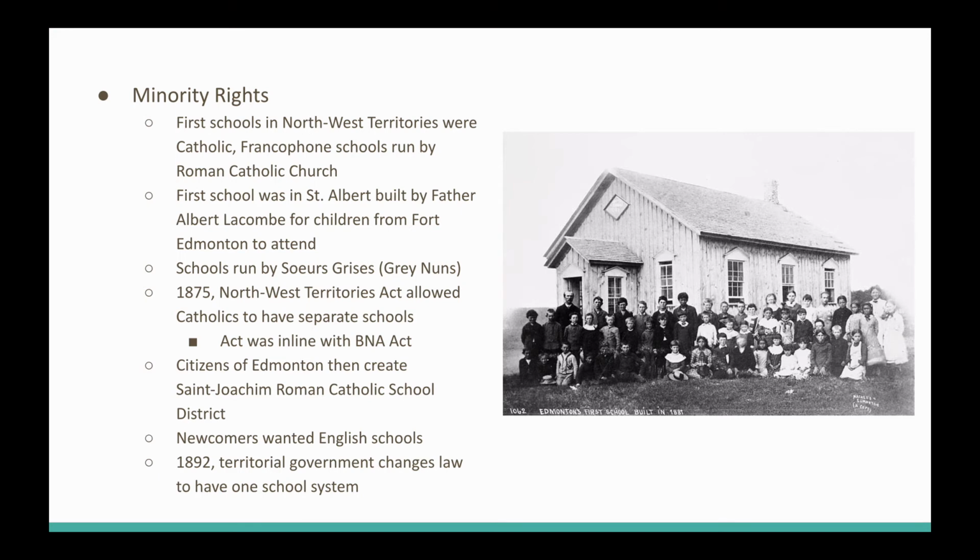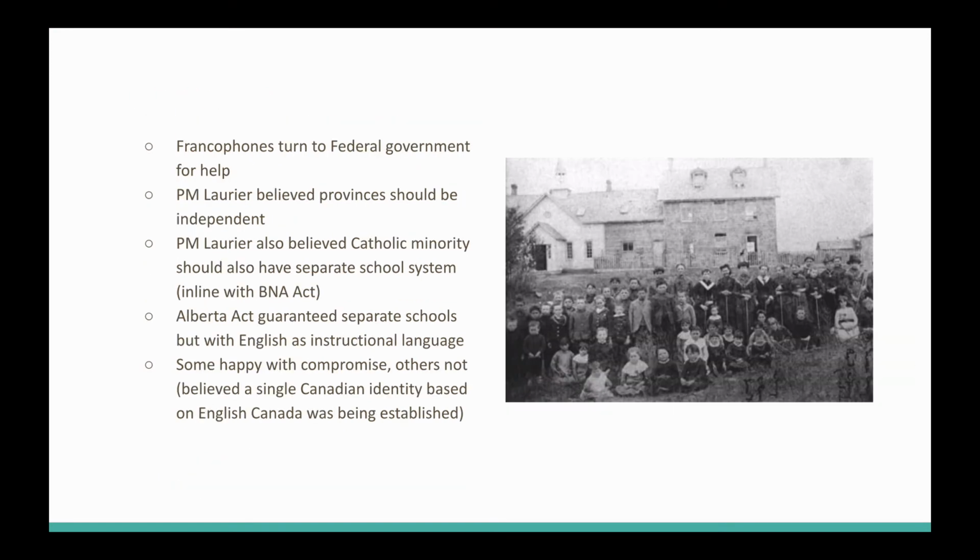So what are the Francophones to do? Well, the BNA Act kind of allows them to have two school boards. So the Francophones turn to the federal government to help. And the Prime Minister believed that the provinces should have their own say. They should be independent. But he also believed that the Catholic minority should have a separate school system because that's in line with the BNA Act.